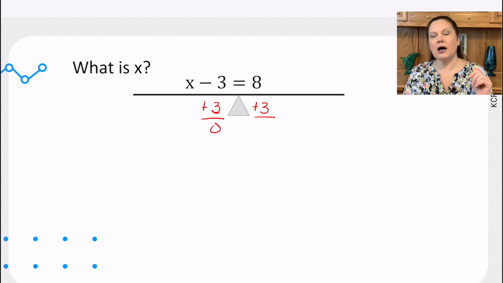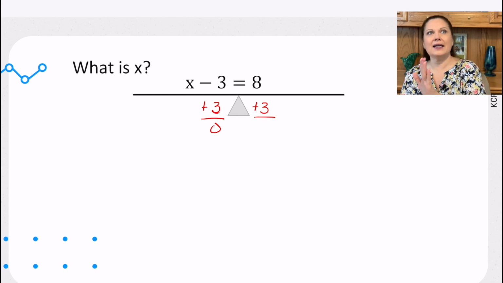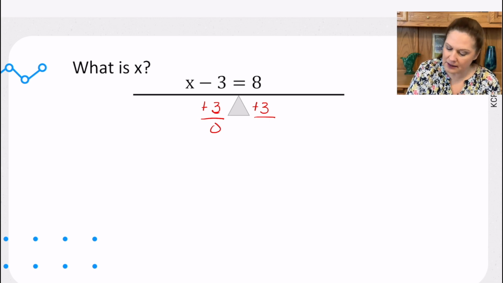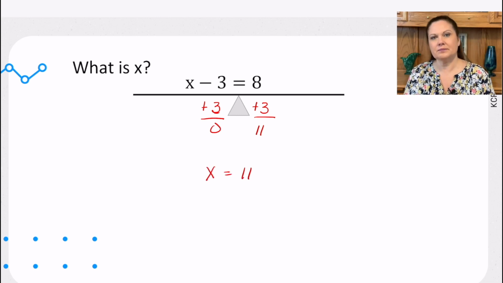I could just add 3 to the 8 on the other side, and that's perfectly fine, but our equation is out of balance, so we need to think about that equality part. So that's going to be 11. So X is going to equal 11.